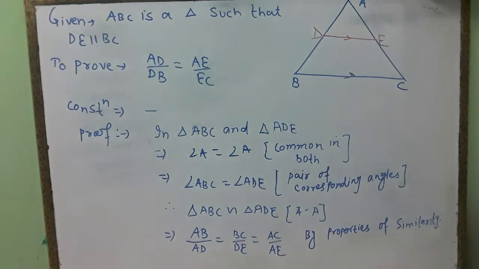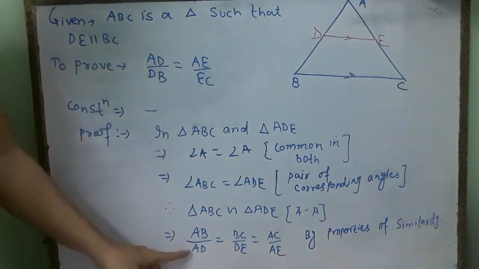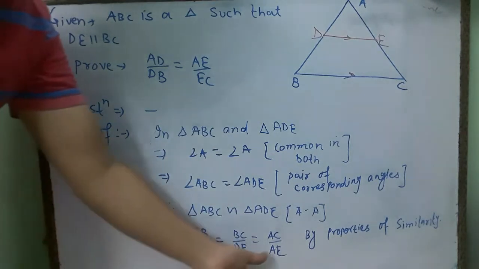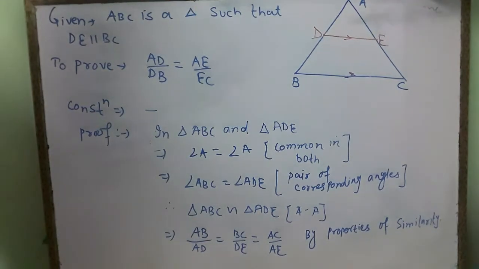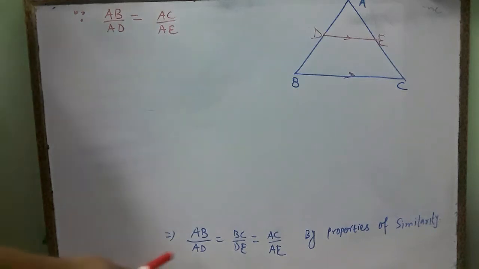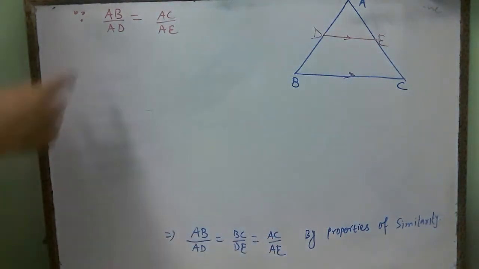Now see what you have to prove: AD has come here and AE has come here, so we have to compare these and then prove DB. All three ratios are equal, so I have taken the first and the third.